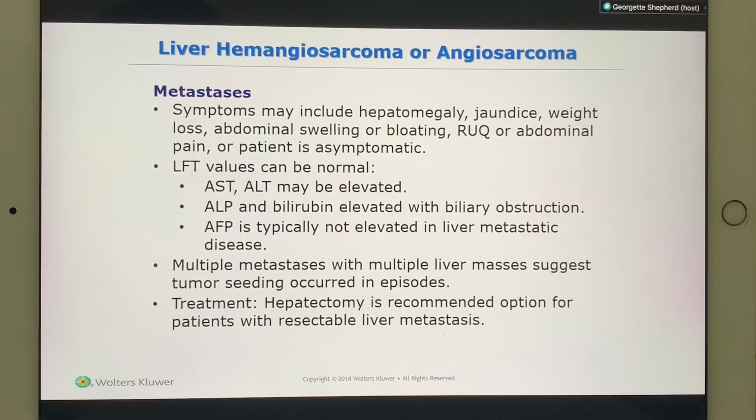But we, as sonographers, only describe our masses. We don't make a diagnosis. That's why the doctors make the big bucks, not us. We just describe it.